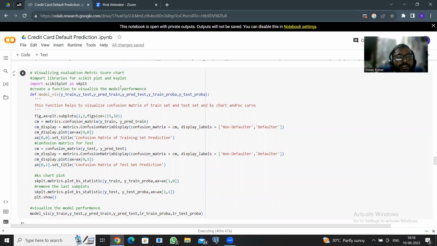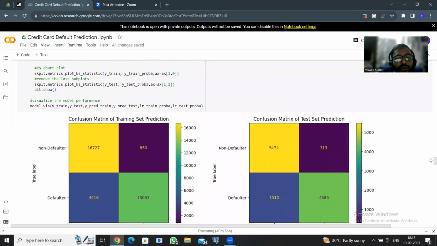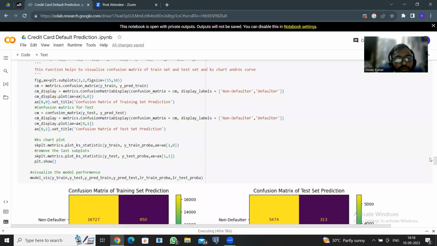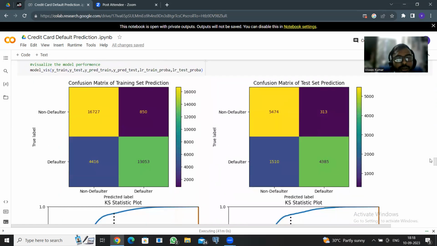Another library is scikit-plot, which is used to draw the confusion matrix and the KS statistic and AUC ROC curve. So in logistic regression, in the training set prediction, we can see the non-defaulters and defaulters as 0 and 1.